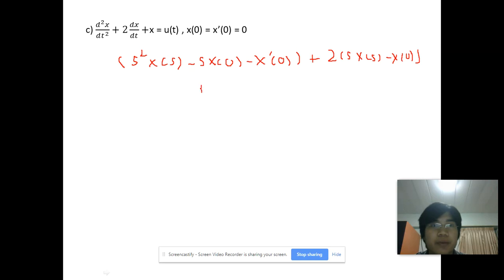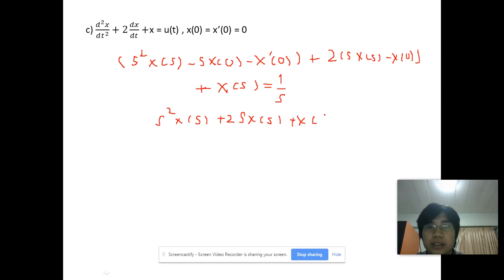So it will become right here: s squared X(s) plus 2sX(s) plus X(s) equal 1 over s.